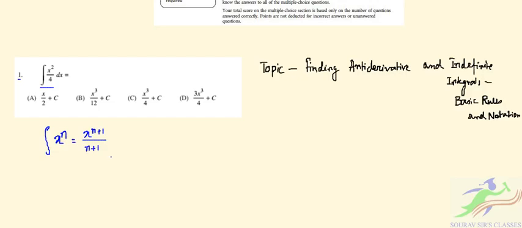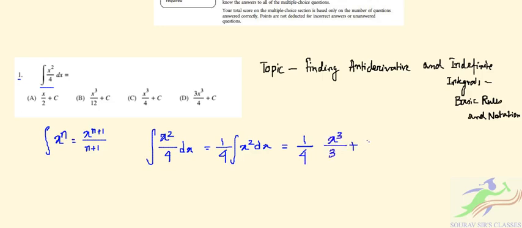So for the integral of x squared by 4 dx, we take 1 by 4 common, so we have the integral of x squared dx, and then it will be 1 by 4 times x cube by 3 plus c, where c is the constant of integration. So this will be x cube by 12 plus c.